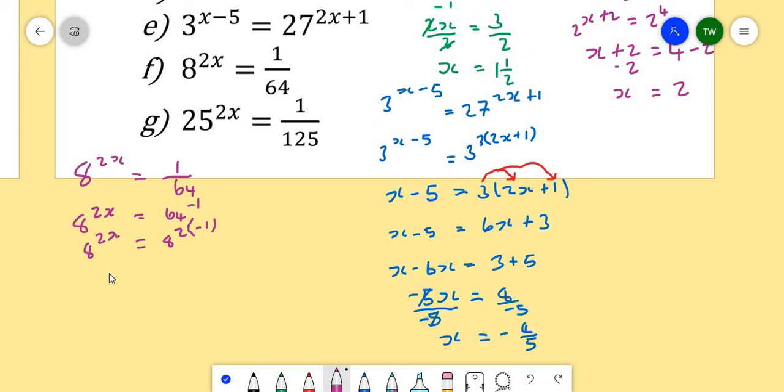So at this stage, both bases are 8. So the bases are the same. So what we need to do is to just equate the powers. So therefore, 2x is going to equal 2 times negative 1, which is just negative 2. And at this stage, we want to get x by itself. 2 is multiplying x, just divide both sides by 2.